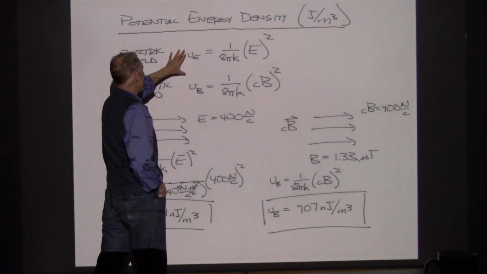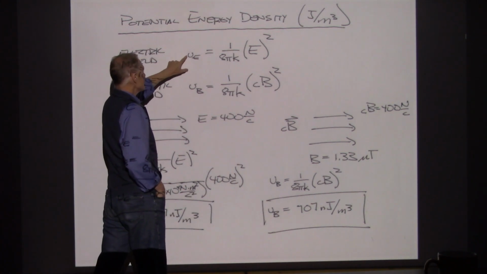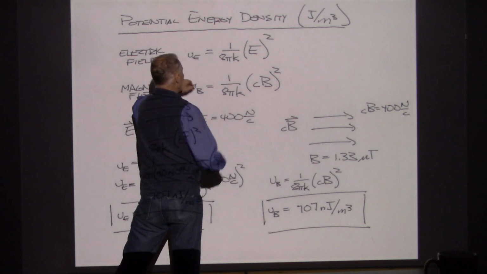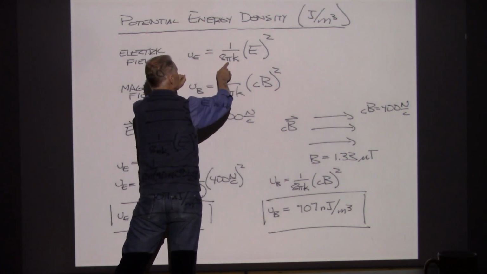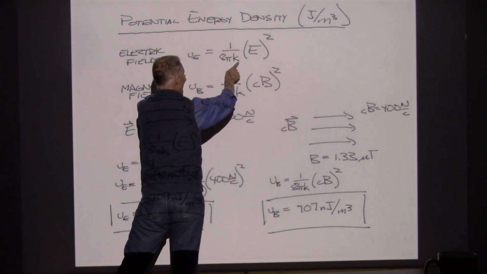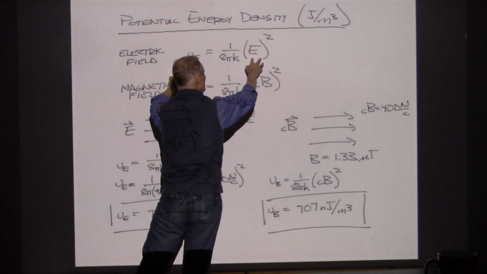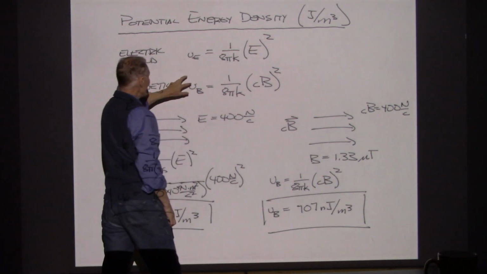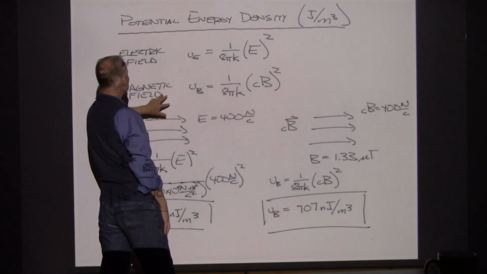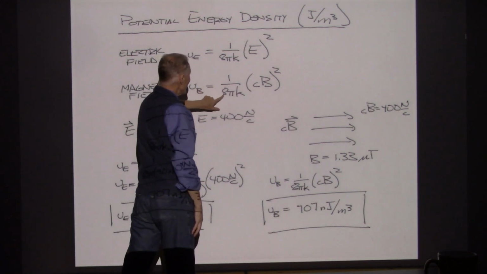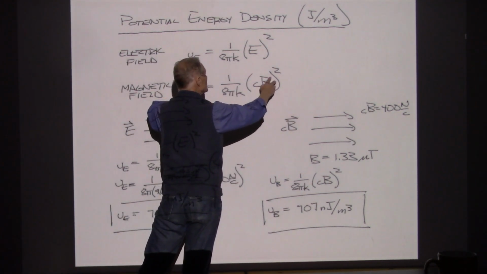And by doing that, when we get to energy densities, this is some number of joules per cubic meter, the formulas are identical. So it's 1 over 8 pi k times the electric field squared. And the energy density formula for magnetic fields is 1 over 8 pi k times the magnetic field squared.